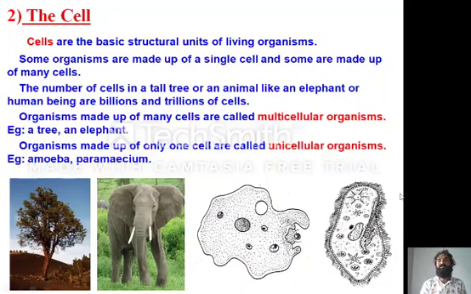And this is a paramecium, also called the slipper animalcule because it looks like a slipper. It is also made up of only a single cell. That's why these are called unicellular organisms. Examples are amoeba and paramecium.